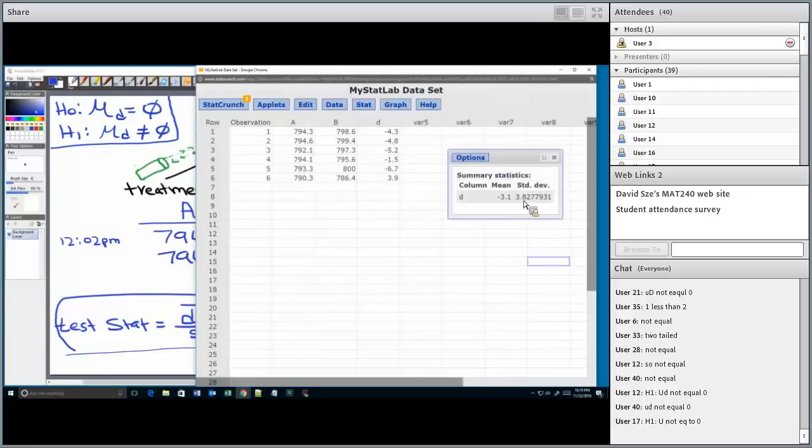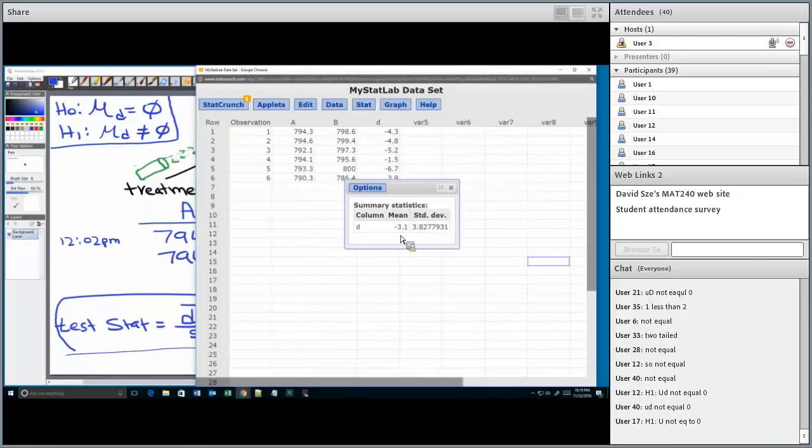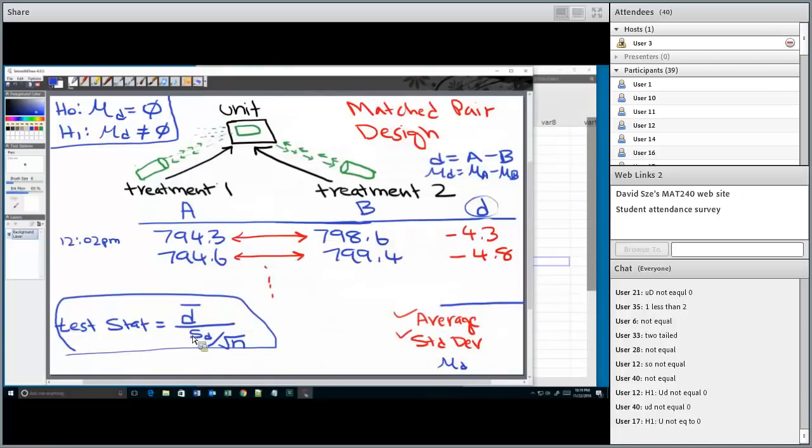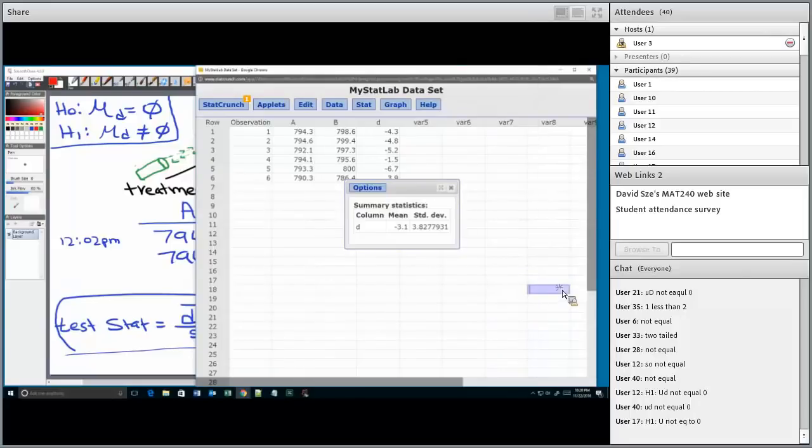I hit Compute, and take a look at this. I get my mean, and I get my standard deviation. I have this now. I already have N. I know how many observations there are. So I can easily find the test statistic. This is the manual method.